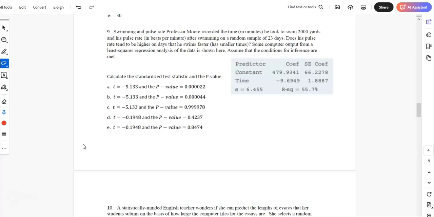Some computer output from a least squares regression line is shown here. Assume the conditions are met. Calculate the test statistic. Okay, so again, t equals the slope, which is negative 9.6949, minus the null, over 1.8887.